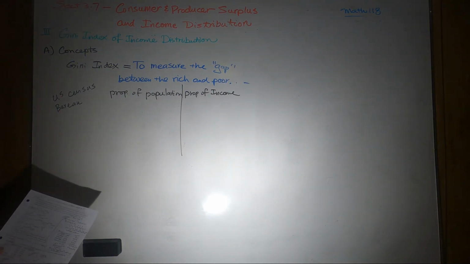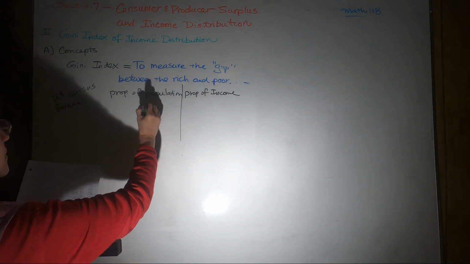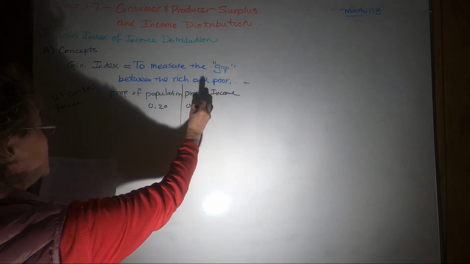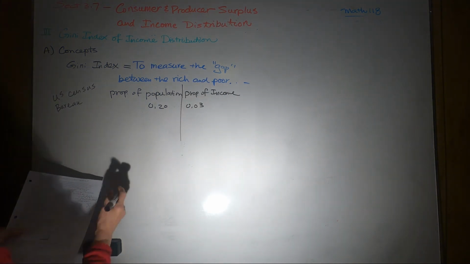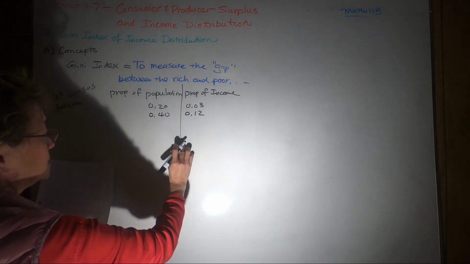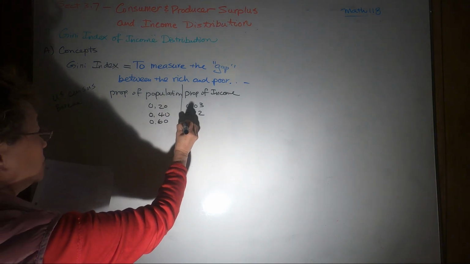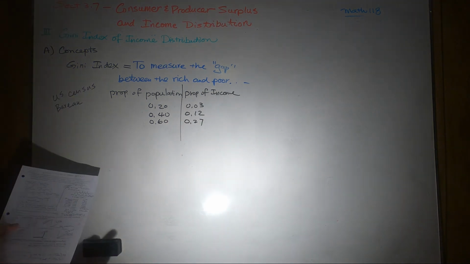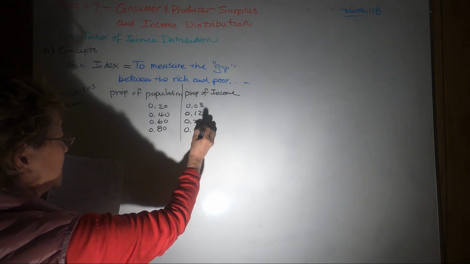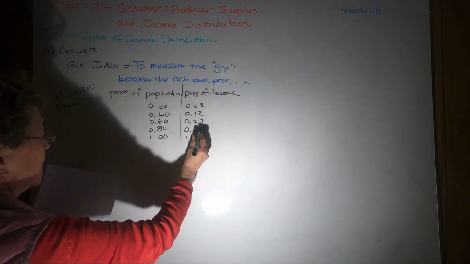That's how they see it. If the first 20% of people have 3% of the income, then 40% of people have 12% of total income, 60% have 27% of income, and 80% of people have 49% of income. Then the total population would be the whole income, right?